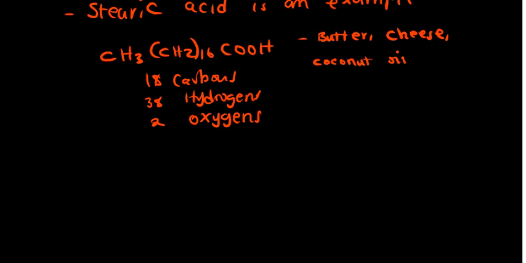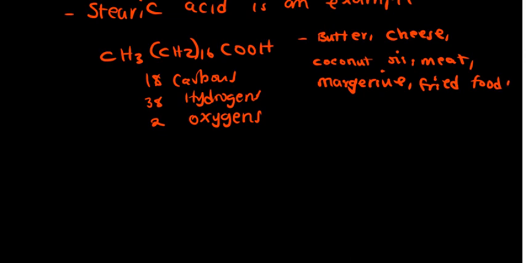Also in meat, in margarine, and also in fried foods. So that's where you find these saturated fatty acids. So let's draw the structure now of this stearic fatty acid.